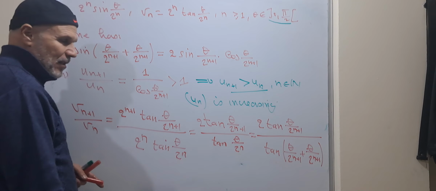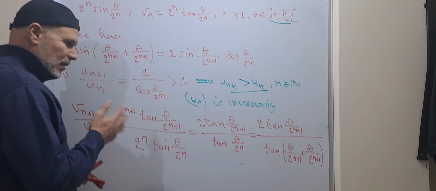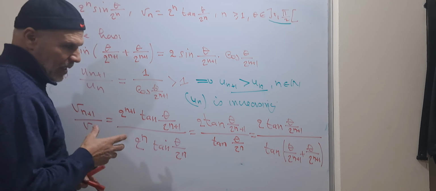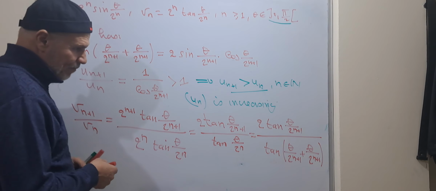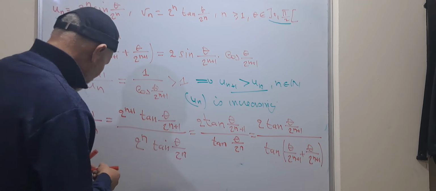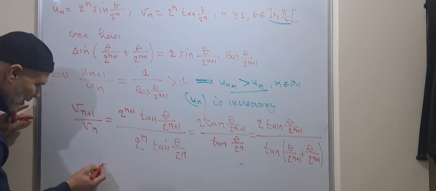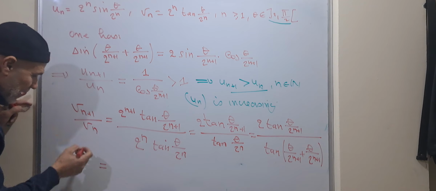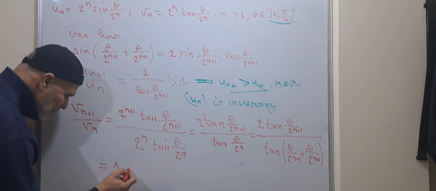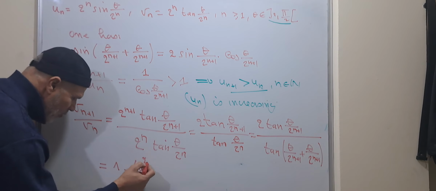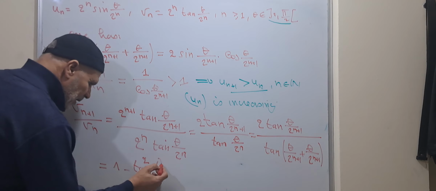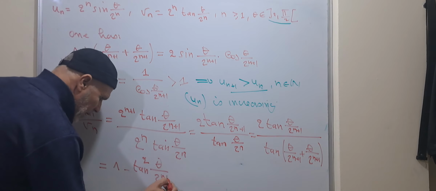We take cosine squared as a common factor, and we will get 1 minus tangent squared theta over 2 power n plus 1.